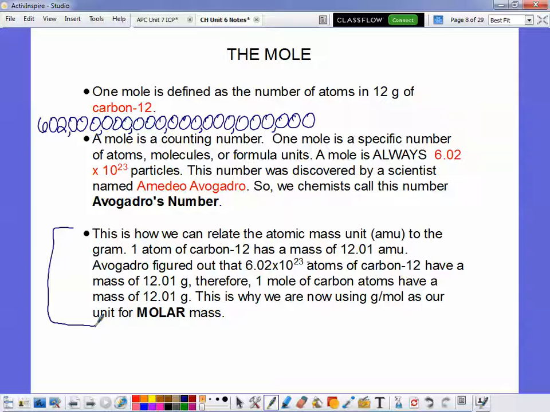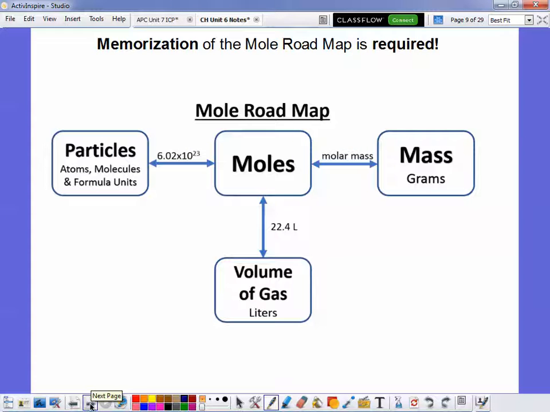Okay, so Avogadro's number and the mole, we can now talk about converting between different types of units. This is called the mole roadmap. You have to memorize it.